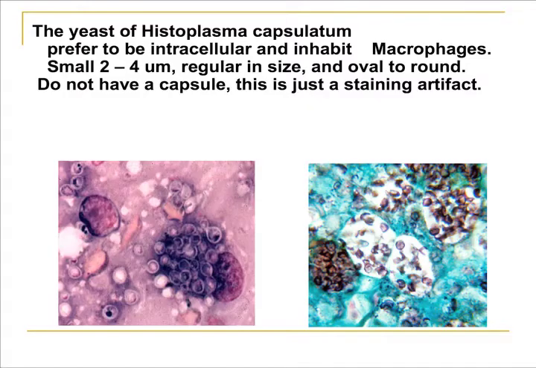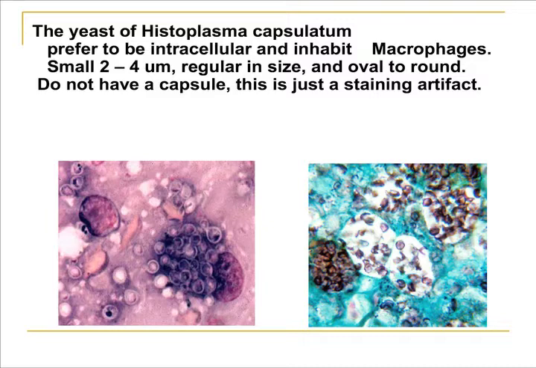On the next slide, we have pictures of what the yeast of Histoplasma capsulatum looks like in tissue. This organism prefers to be intracellular and inhabits the macrophage. The yeast are small, about 2 to 4 microns in size. They're very regular in size and shape, and tend to be oval to round.